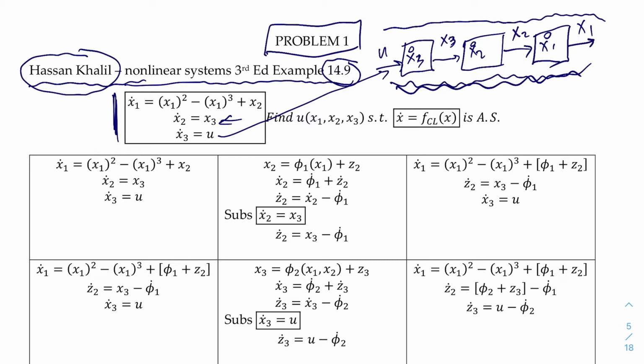I have just written the problem. First manipulation, by the way, let's look at this beautiful table, really tidy. Just write x1 as phi1 plus z2. Don't ask why, just do this.